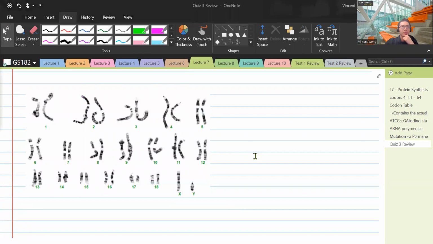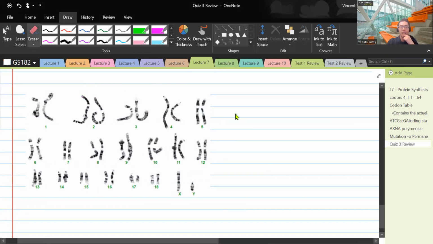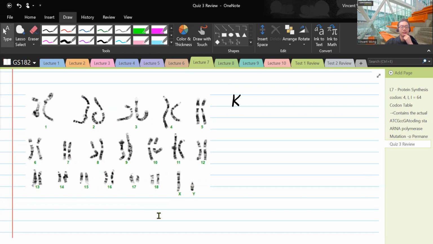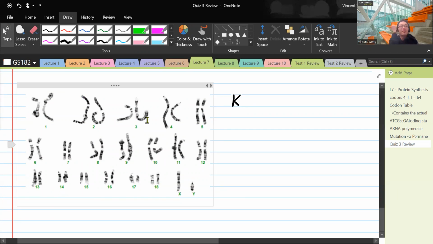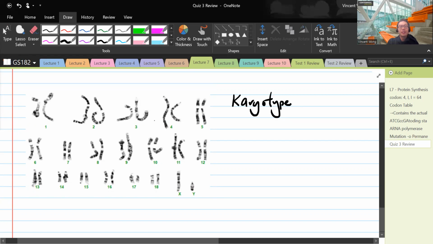What do we call this picture? I will give you a hint. It starts with a K. Ooh, finally. This is the karyotype, very good. Karyotype, okay? It's an orderly arrangement of chromosomes, right?